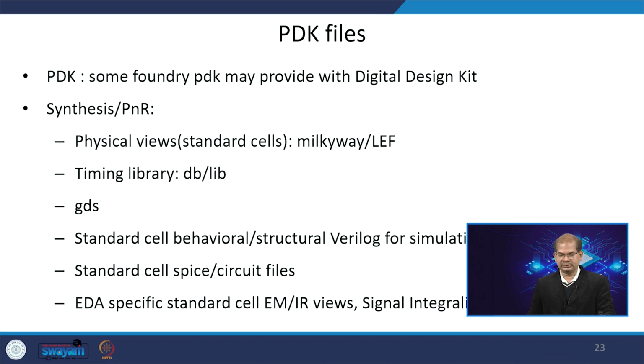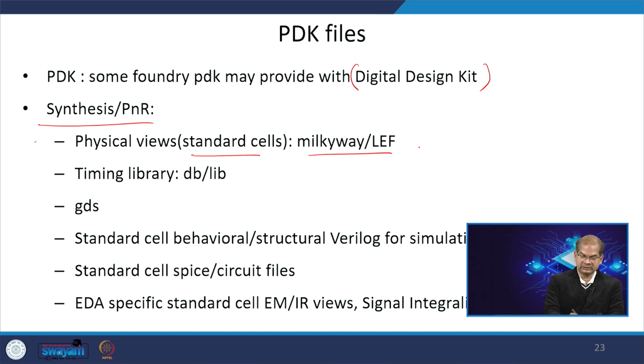Finally, to summarize, the PDK is provided by the foundry, okay, and sometimes they write this PDK as digital design kit. Sometimes the foundry calls this file a digital design file. So, you have synthesis related or place and route related files such as physical views of the standard cells like the Milkyway and the LEF.